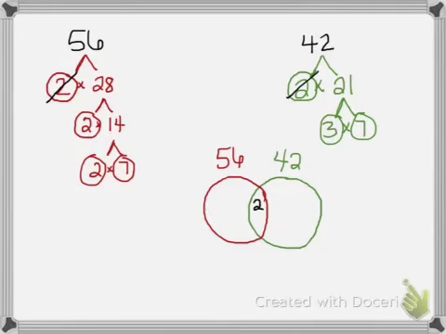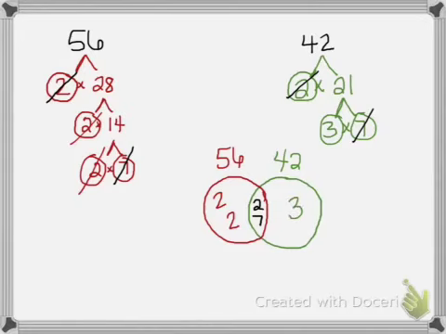And I see that they also share 7, so that goes in the middle. To finish this Venn diagram, 56 has 2 all to itself, so it has 2 and then another 2. And 42 has a 3.